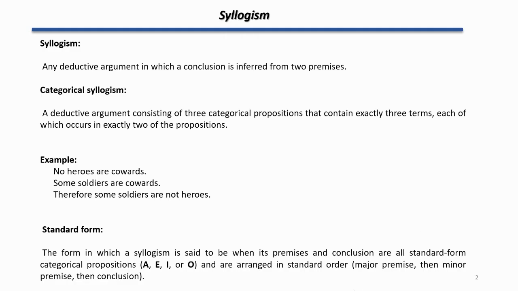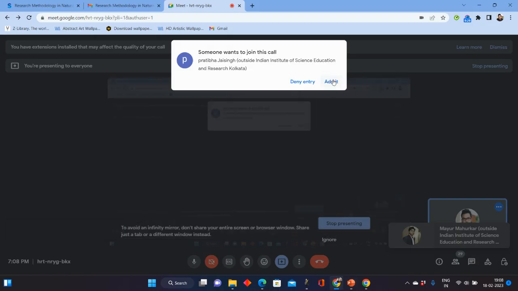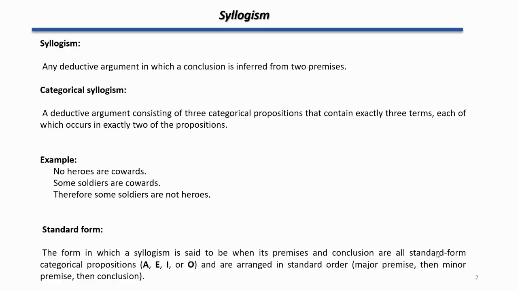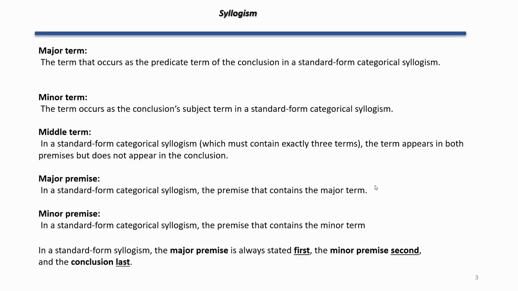So basically there are three parts: major premise, minor premise, and then the conclusion. These three parts are there for a syllogism. Now, what are these things?